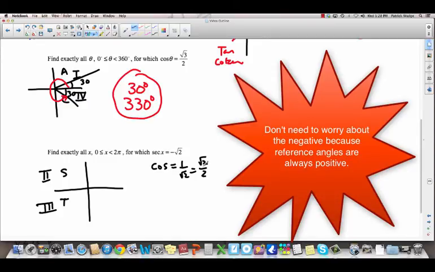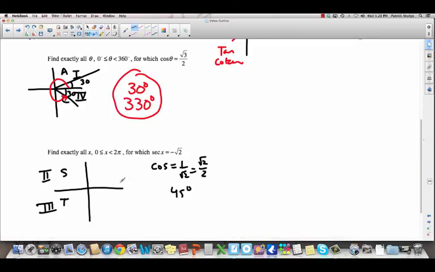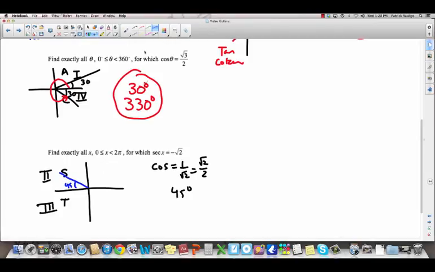Cosine is equal to √2/2 at 45 degrees. Does that mean one of my answers is 45 degrees? No, it doesn't, because that means I have one reference angle in this quadrant of 45 degrees, which means how much is the angle in this case? How much is that? That's 180 minus 45, which is 135 degrees.